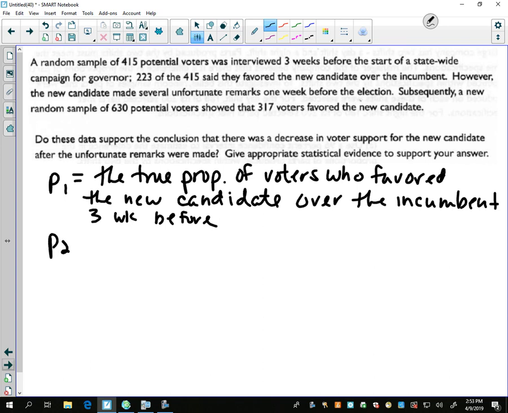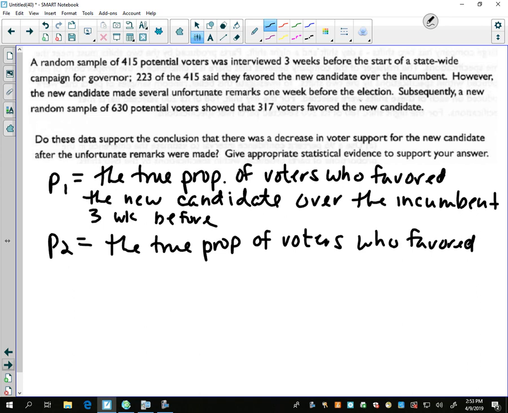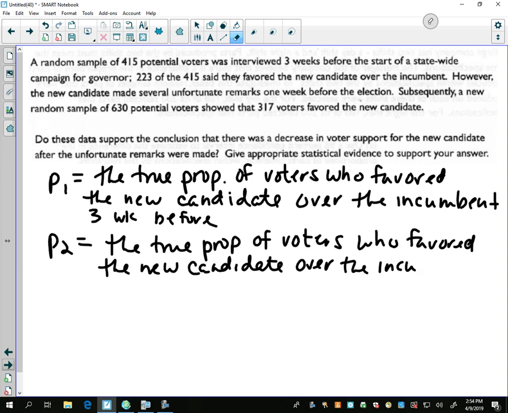And p hat 2 is the true proportion of voters who favored the new candidate over the incumbent one week before.